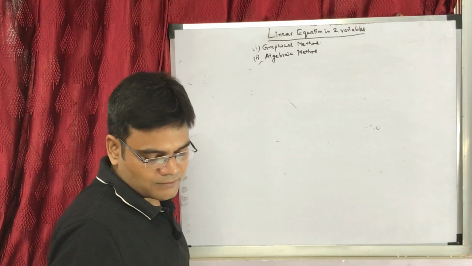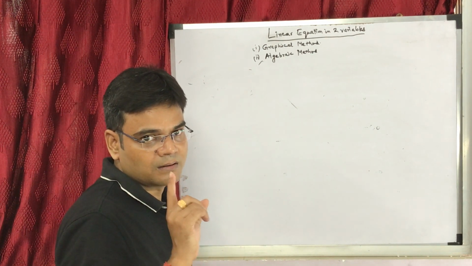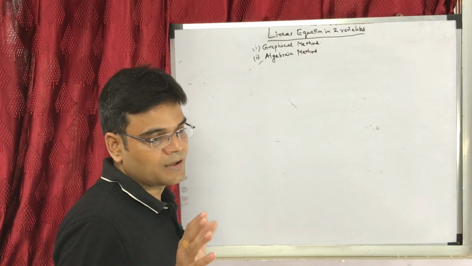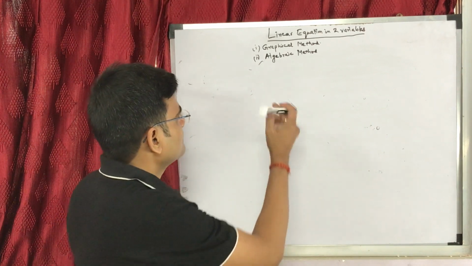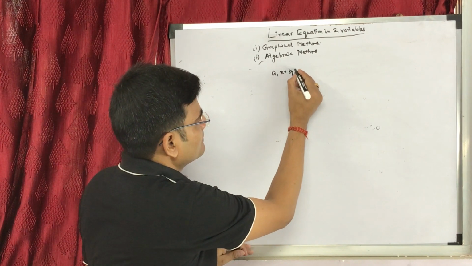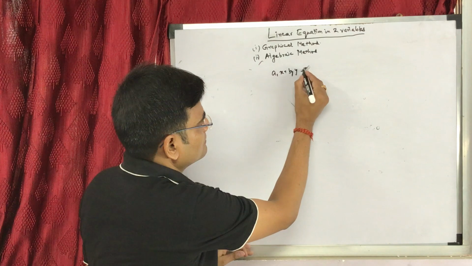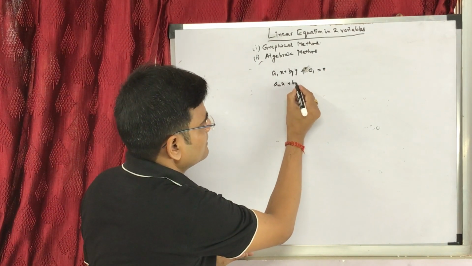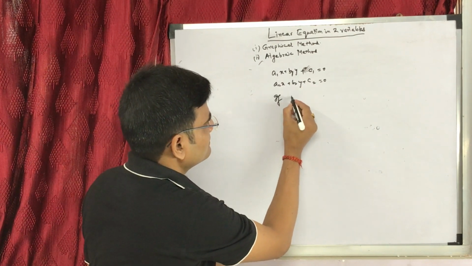What did we cover? Each equation represents a line on the graph, on the xy axis. When they intersect each other, another thing you need to understand: if you have two equations a1x plus b1y plus c1 equal to 0, and a2x plus b2y plus c2 equal to 0, there are three conditions.